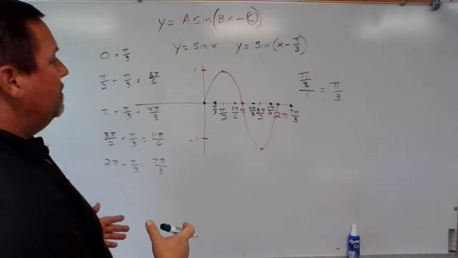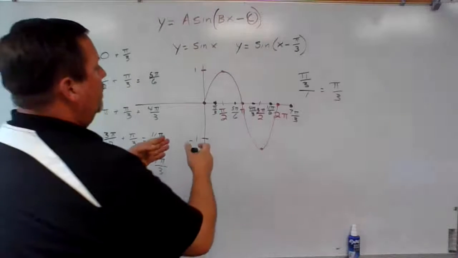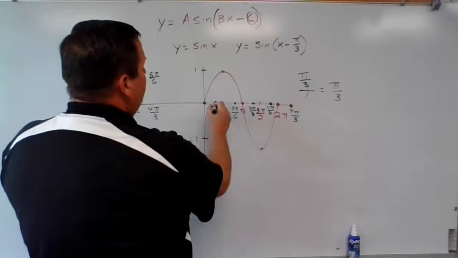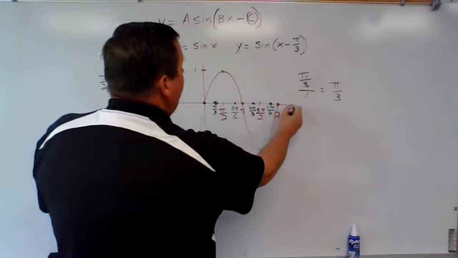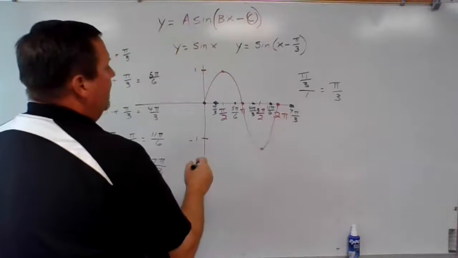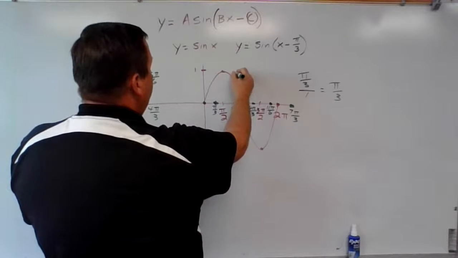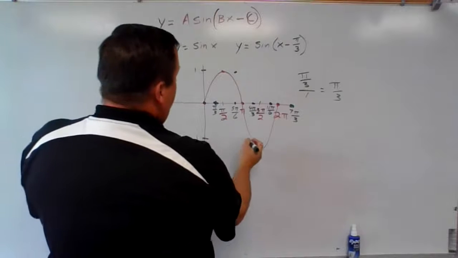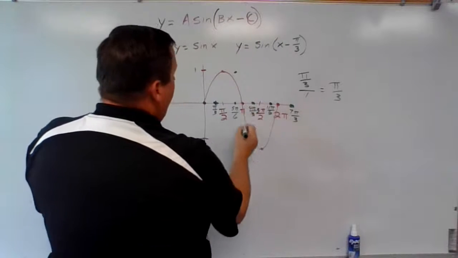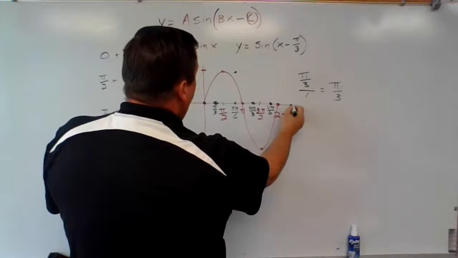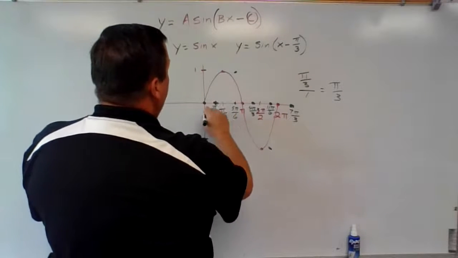I have my period broken down into 4 increments. It's just that we start here and we end here. And still at the first increment, I'm up at my maximum. At the second increment, I'm back at 0. At the third increment, I'm down at my minimum. And at the fourth increment, I'm back at 0.